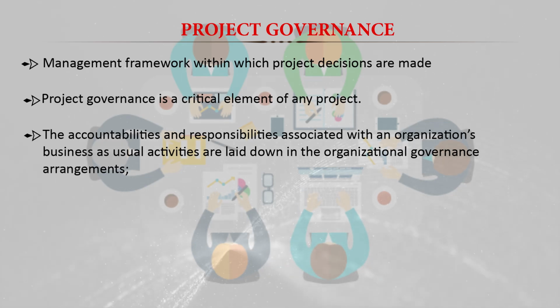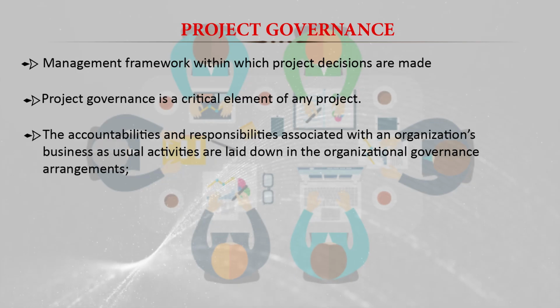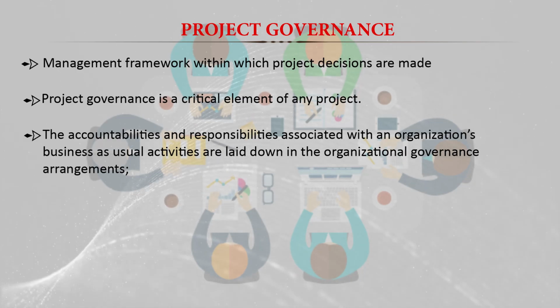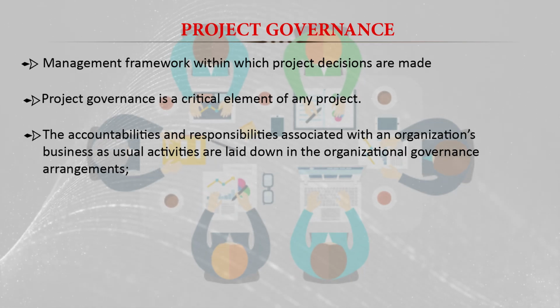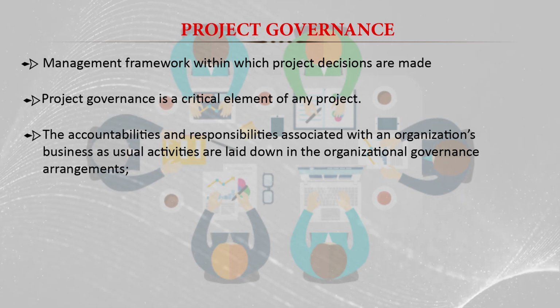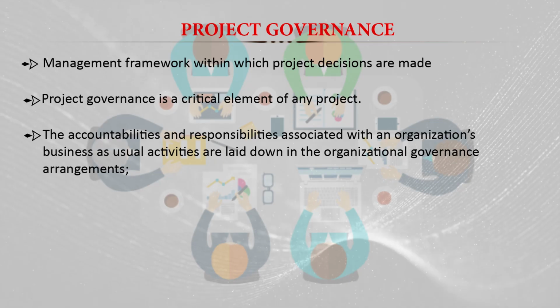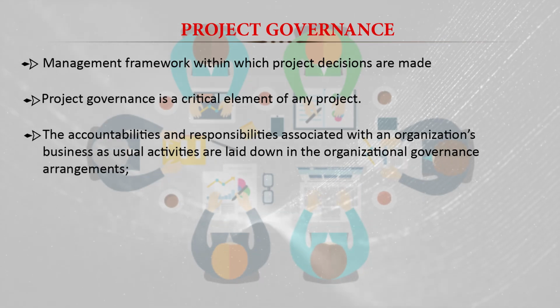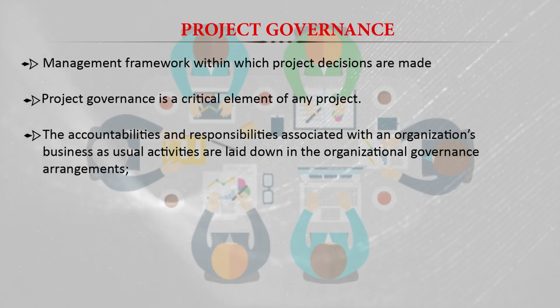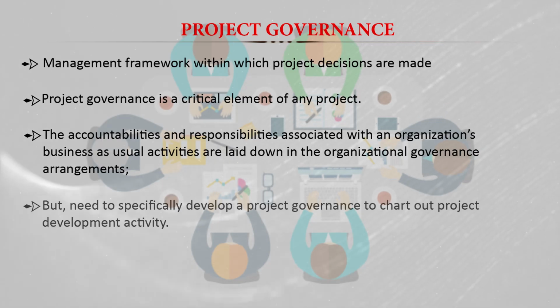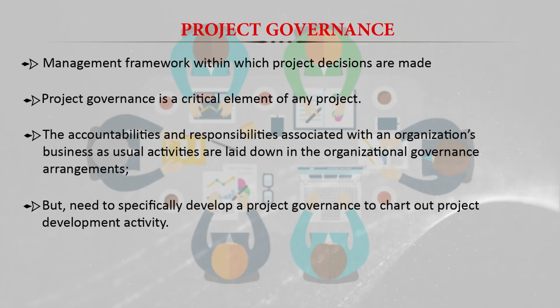From that framework we can see their role, their capability, their responsibility, their accountability. In case of an organization taking on usual business as usual activity, the project governance is very well defined. But in case of project activities, here we have to specifically develop the project governance, to chart out the project development activities.